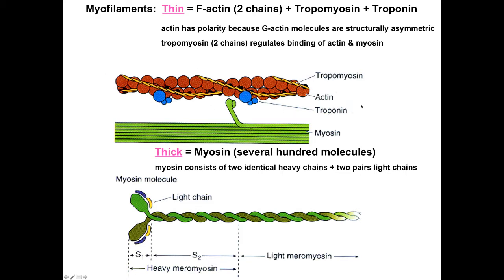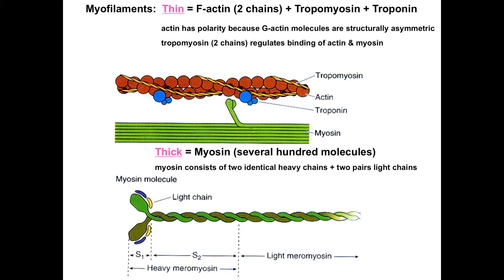The thin filament is composed of F-actin molecules. There are two chains of F-actin molecules that wrap about each other, and they are wrapped around by tropomyosin and troponin.